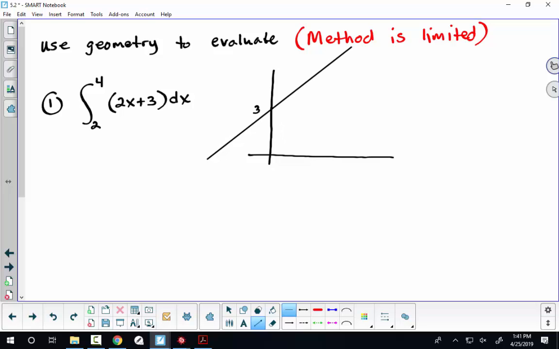Okay, so there's the function 2x plus 3. And we say that really the domain that we're looking at is from an x value of 2 to an x value of 4. And what we want is the area between the x-axis and that function on this region.